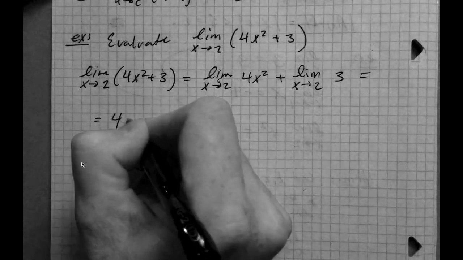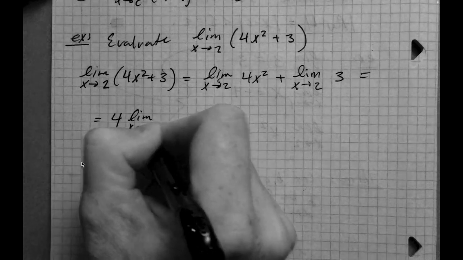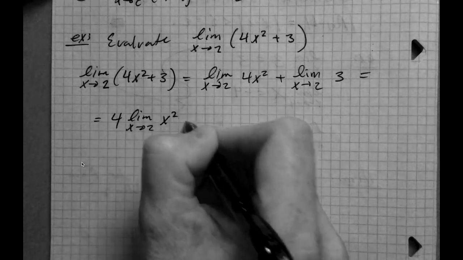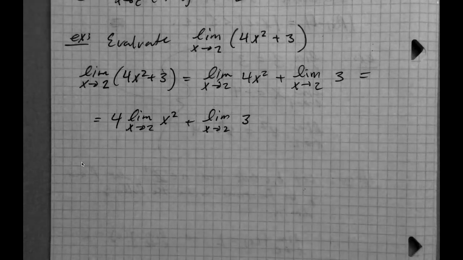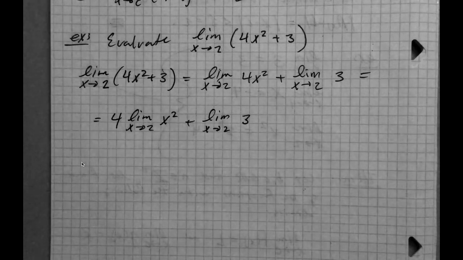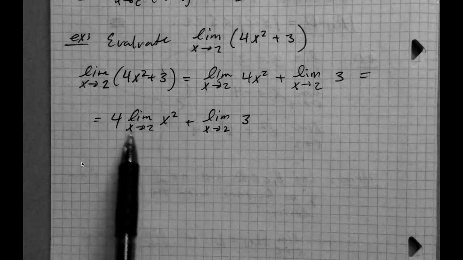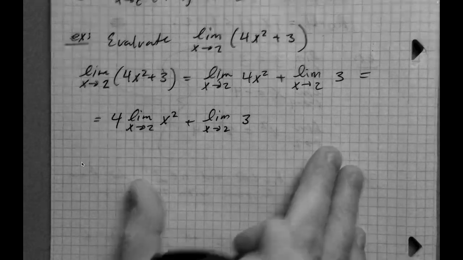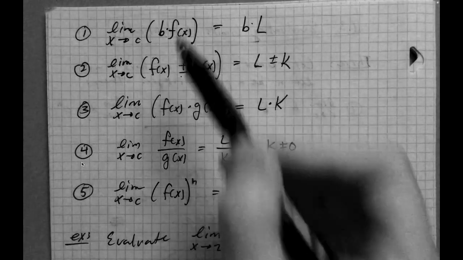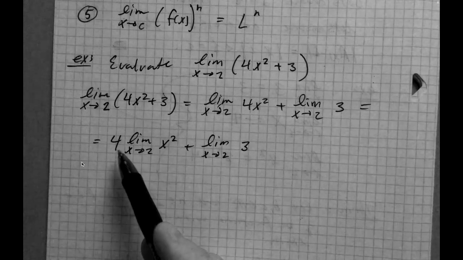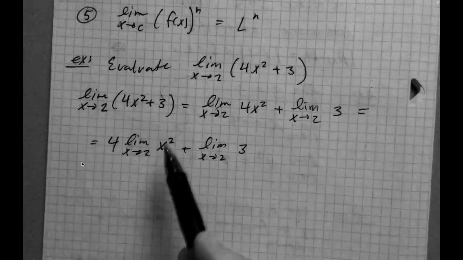So this would be 4 times the limit as x approaches 2 of x squared, plus the limit as x approaches 2 of 3. The first piece here would be a consequence of item 1 up here, a constant times a function. So 4x squared would be 4, the constant, times the function x squared, and you pull it apart.